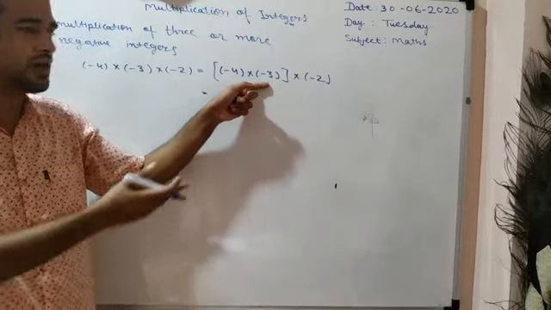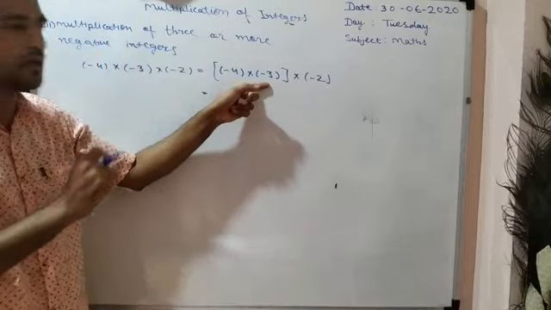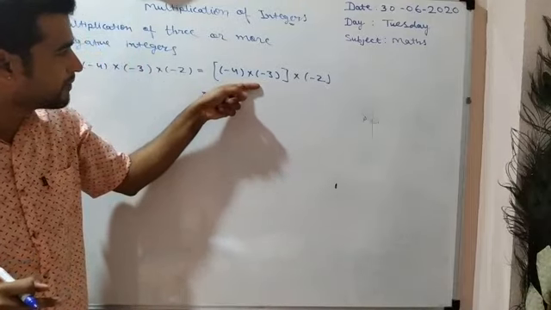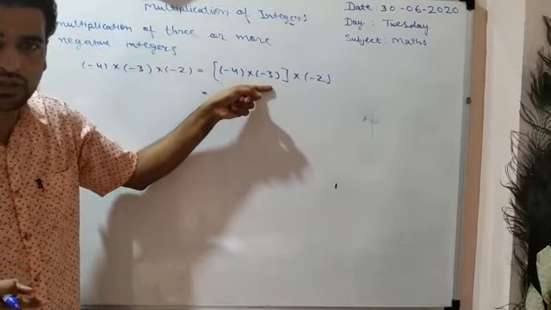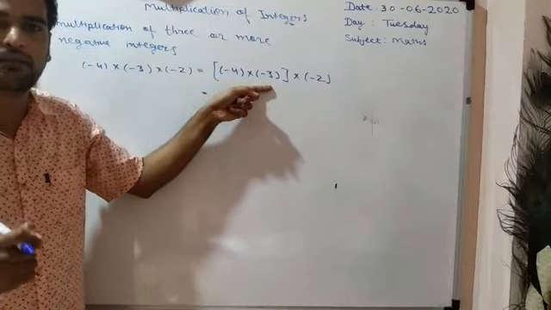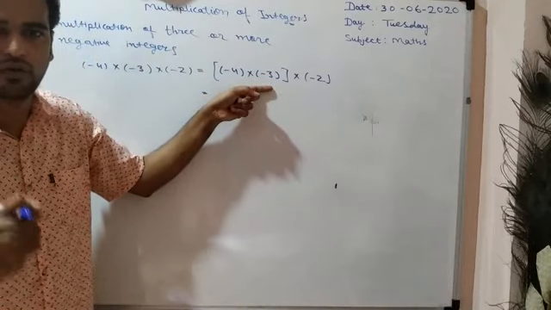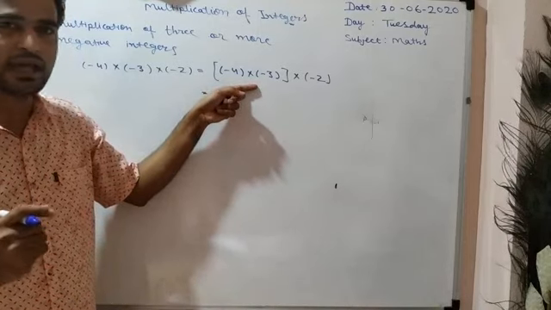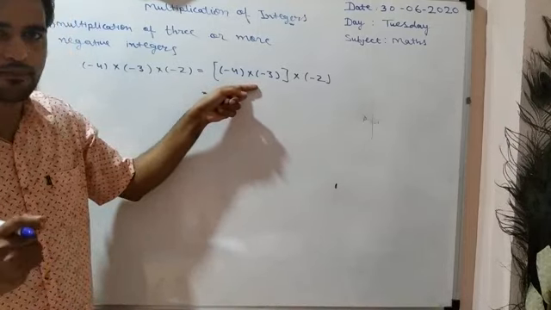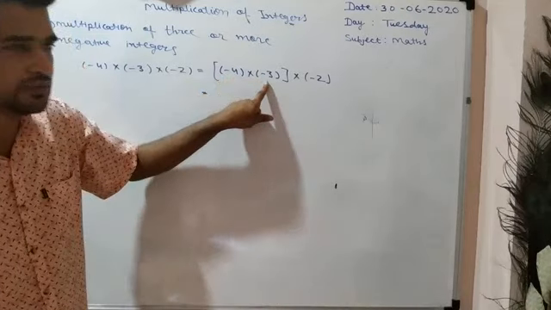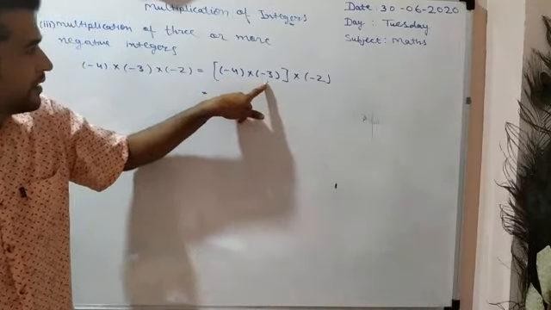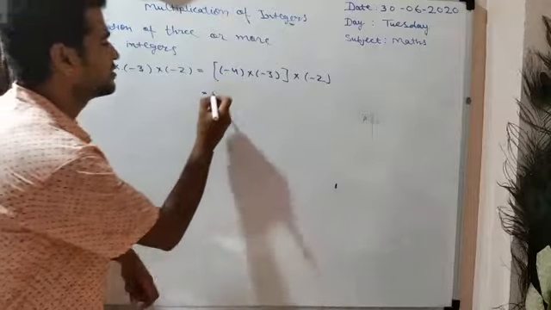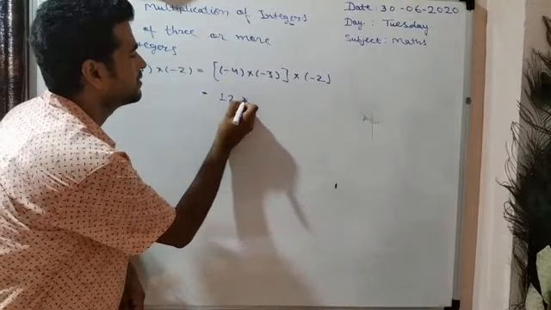As we already studied in the previous topic, when we have two negative integers, just multiply the integers as we multiply whole numbers and put a positive sign. This minus and this minus will become plus, and 4 3s are 12. So what will be the answer? 12.